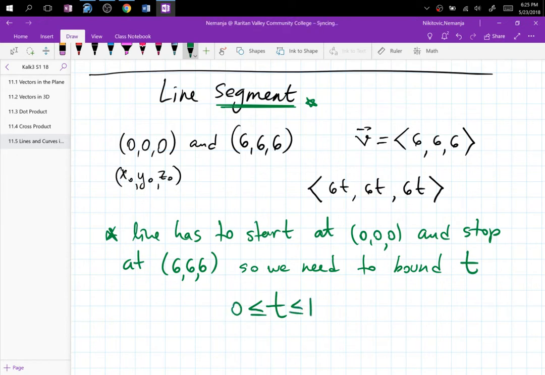Now try it. The lowest value that t is allowed to take is 0. So plug in 0, and what is the vector you get? 0, 0, 0, which corresponds to your first point. When t is equal to 1, you get 6, 6, 6, which is the terminal point of the line segment. So if you just write this, it's the infinite line. But if you write this and the bound on t, it becomes a line segment.